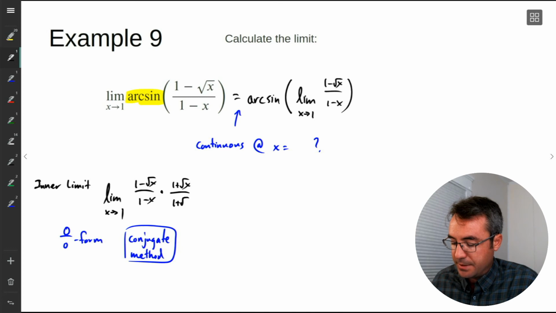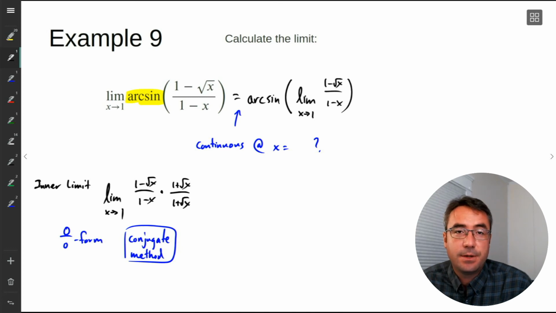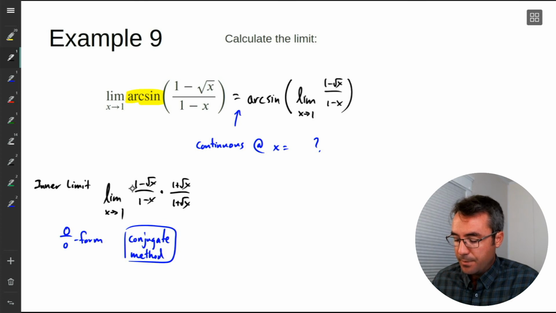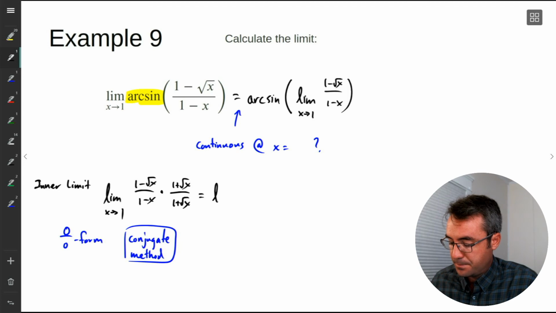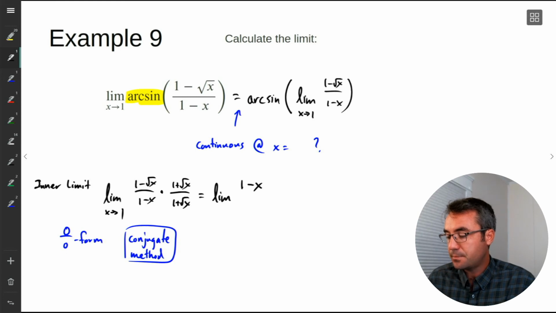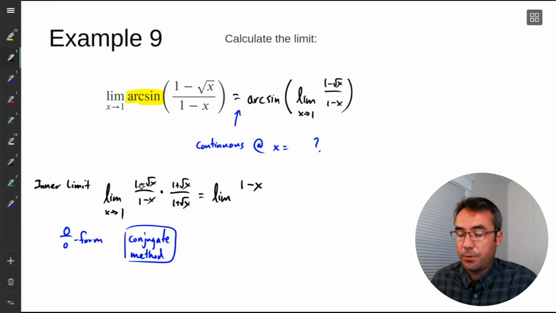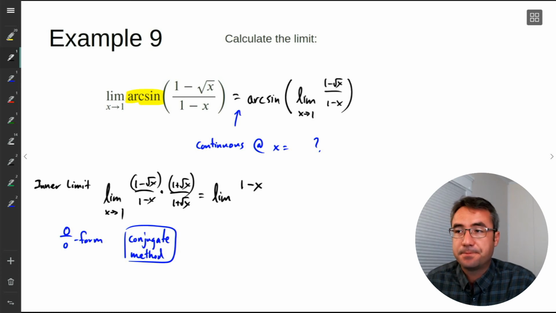And if we do that to the top, we also have to do it to the denominator to keep things balanced. If we multiply out the terms in the top here, we end up with 1 minus x. I'll leave it for you to go through the FOIL, the multiplying out, but you should end up with 1 minus x.